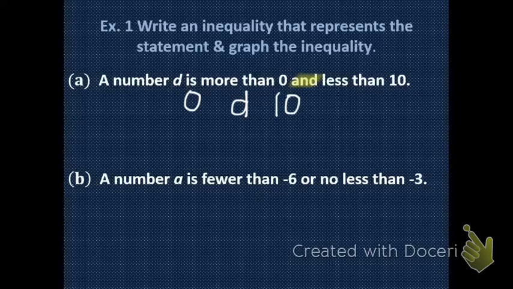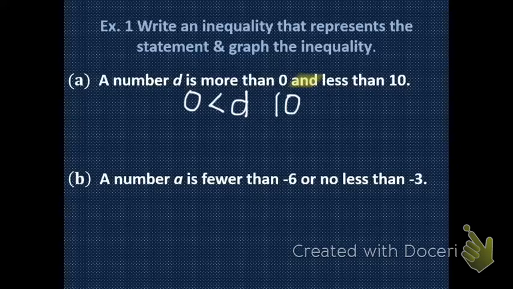Now, a number D is more than 0. So what inequality symbol should I be using? More than. Greater than. All right? Now, you got to be careful. You're like, Ms. Johnson, you just put a less than symbol. Not if I'm reading from D, I didn't. If I'm reading from D, I put D is greater than 0, which is exactly what I'm supposed to do. All right? What about 10? It says a number D is more than 0 and less than 10.